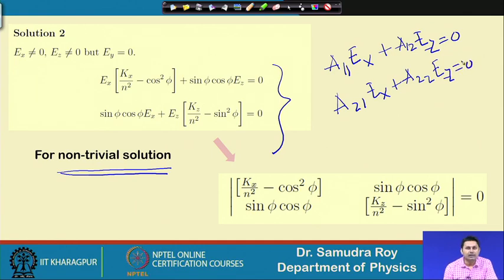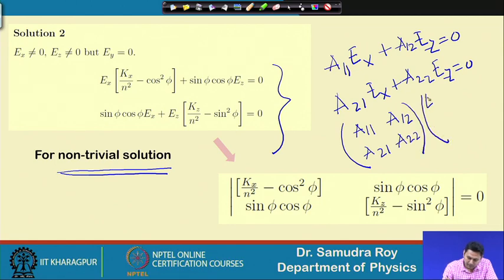So, this is a matrix form kind of thing. So, I can write the entire thing as the matrix A11, A12, A21 and A22 multiplied by Ex, Ez equal to 0.